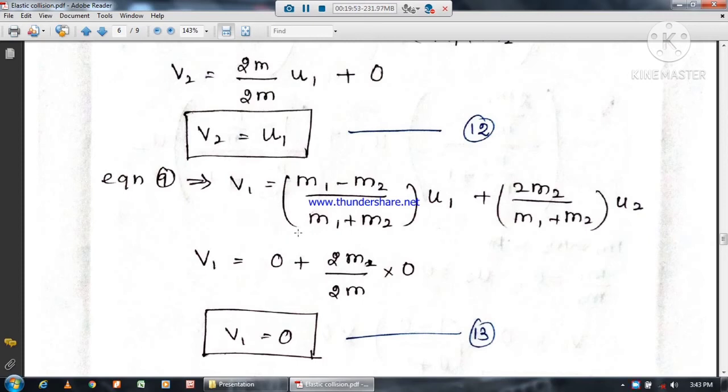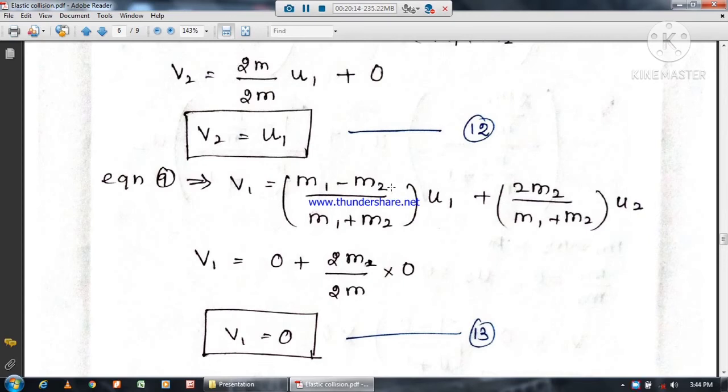And we put m1 is equal to m2, which is equal to m, in equation number 9 and u2 is equal to 0. This is equation number 9: v1 is equal to m1 minus m2 divided by m1 plus m2 into u1 plus 2m2 divided by m1 plus m2 into u2.